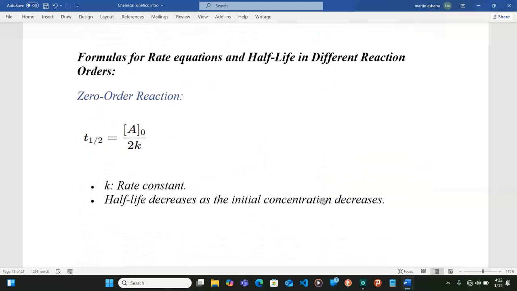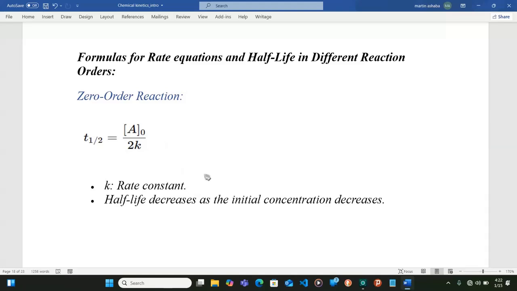Now let us look at the formulas for rate equations and half-life in different reaction orders. The first one to deal with is the zero-order reaction, which is a very simple and basic case. We find that its half-life is half of the initial concentration divided by k.